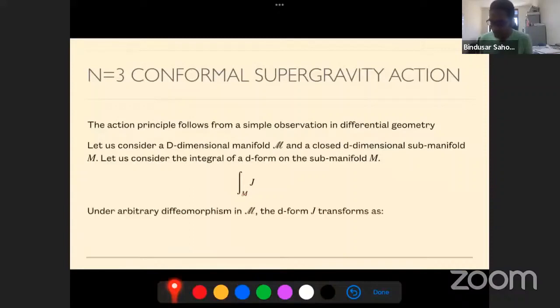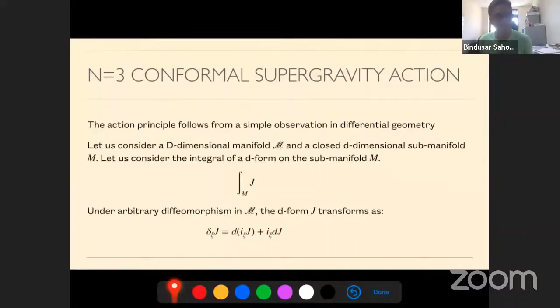Under arbitrary diffeomorphism in this larger manifold, this d-form transforms as a Lie derivative. And as we know, the Lie derivative is just the anti-commutator of the exterior derivative and the interior product.